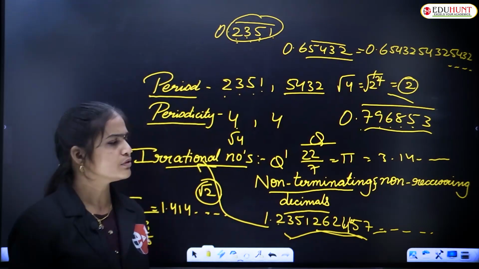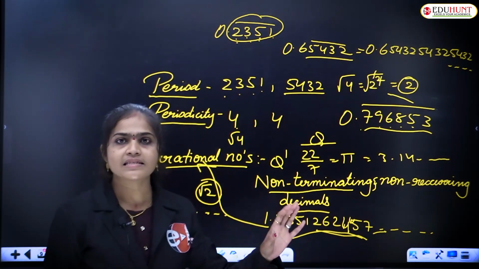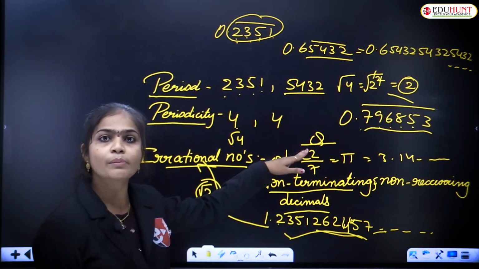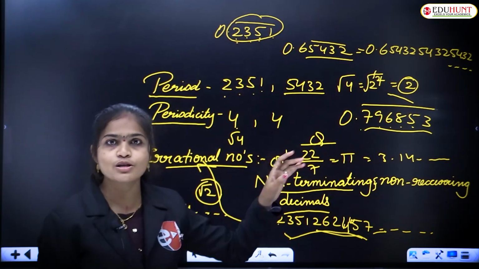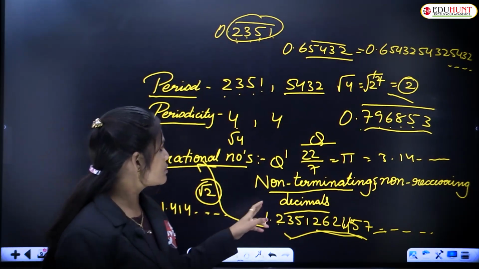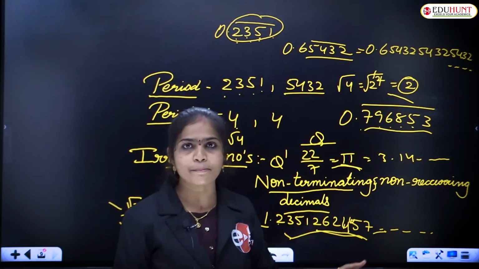So generally we say 22/7 is in P by Q form, so is it a rational number? No. Why? Because this is the assumed value, not the exact value. So pi is an irrational number.